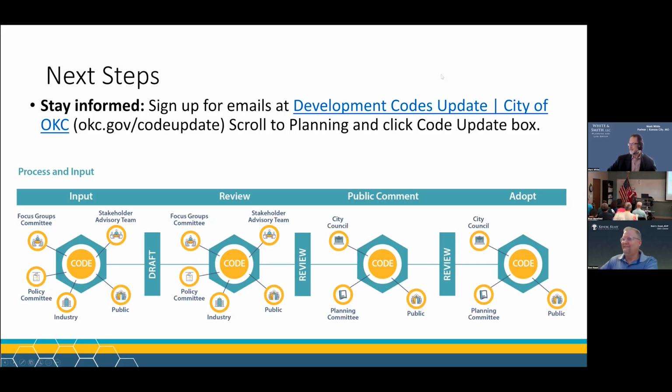And that will result in the first draft, and then that draft will be published online for the public to review and comment, including this group. And then with that information, we'll have more meetings with focus groups, residents, stakeholders, and then we'll have another draft.